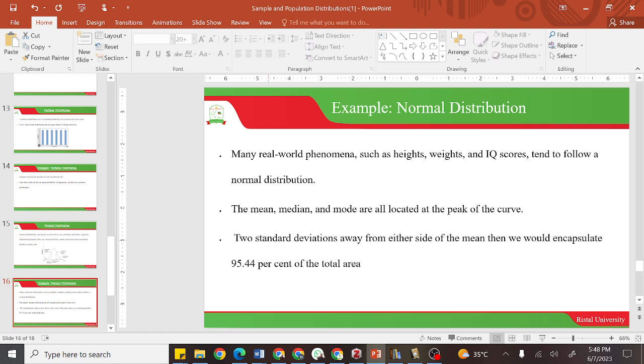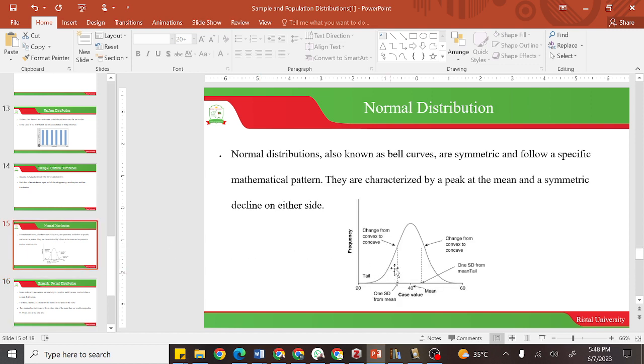So if you move one standard deviation from either side, 60% of the people will be under that category, which is marked here. So from here to here, 60% of all individuals will fall under this category.